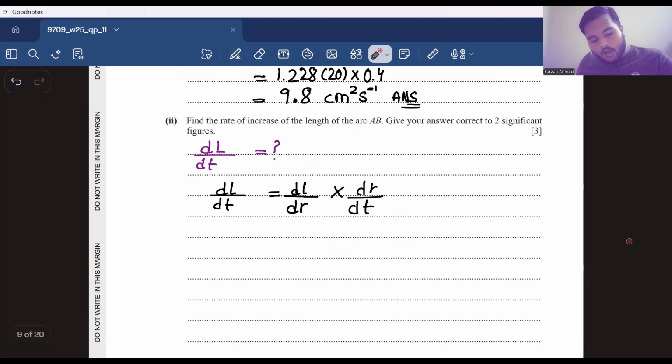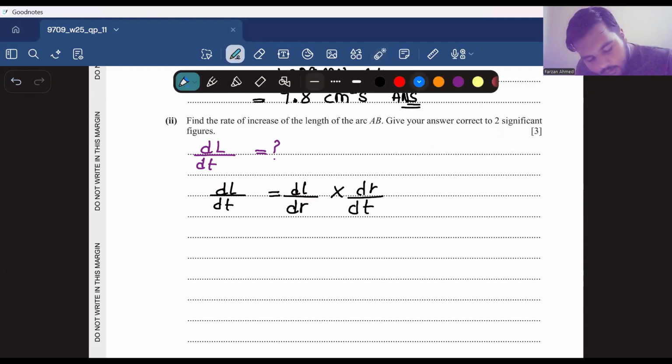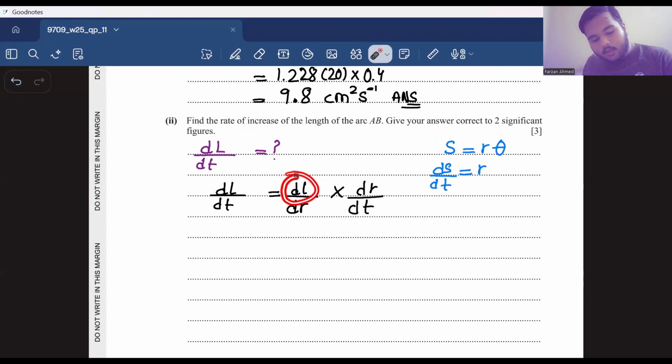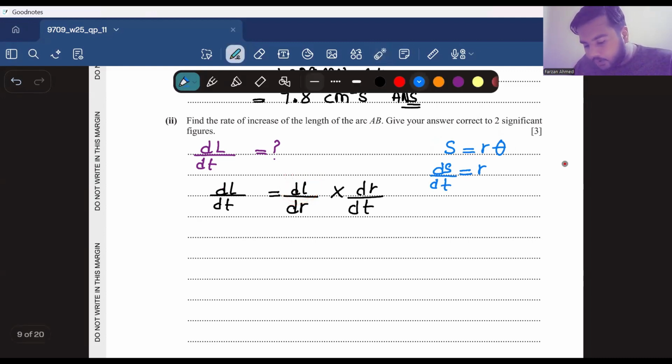Now how will we find dl over dr? dl over dr can be found by the formula s equals r theta. So s is equal to r theta, and when we differentiate, theta is 2 upon 3 pi.